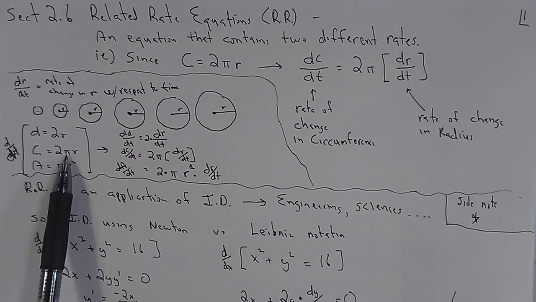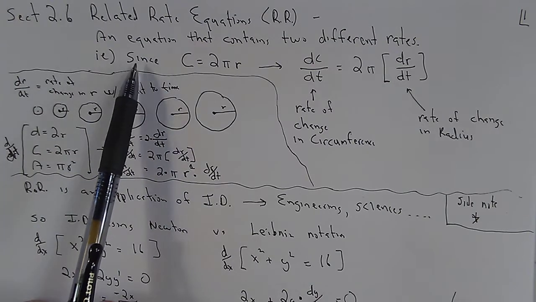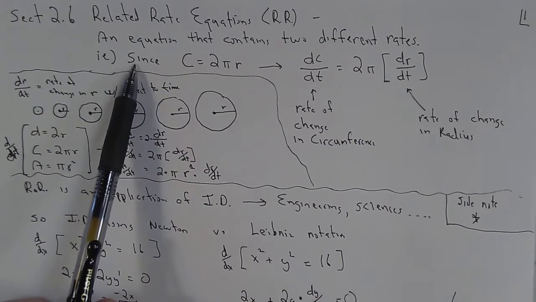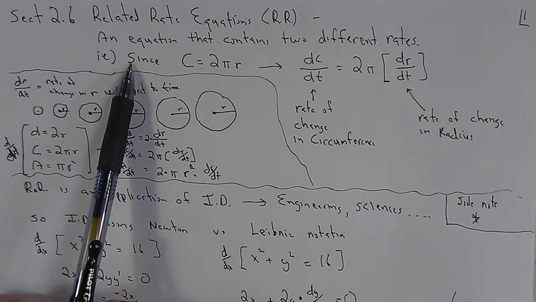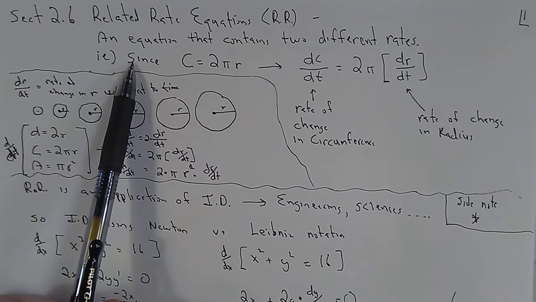If you blow this one up, we can look at it up here. But before I do that, let's just talk about what we know so far and add one different type of notation. Let's use Leibniz instead of Newton.